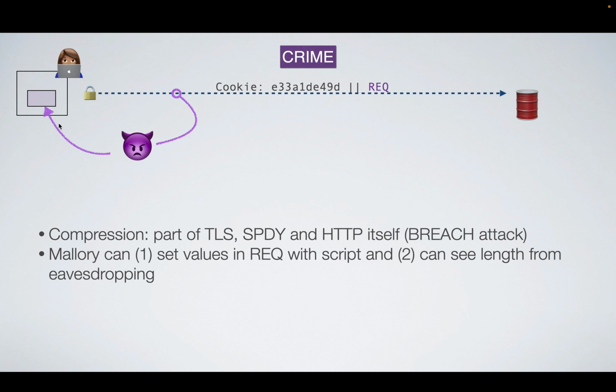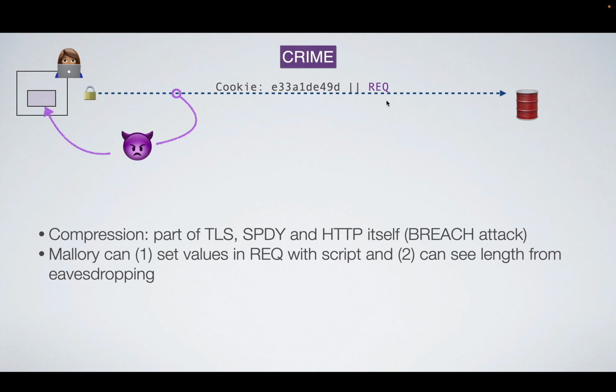And the third thing is that Mallory will open a connection, say to Google, the cookie will get put in, and then she can attach whatever information she wants. Like she can say, give me a file with this name. That would be a GET request, and she controls that file name. So she can put whatever she wants there. So Mallory is watching this packet go by. It has the cookie that she's trying to hack.